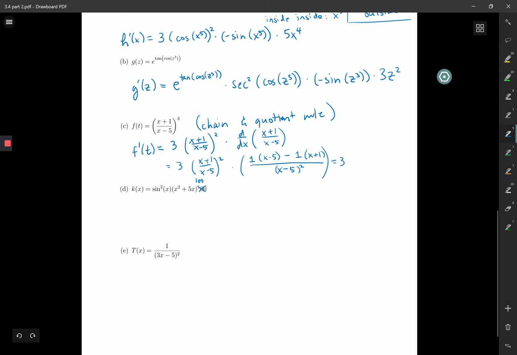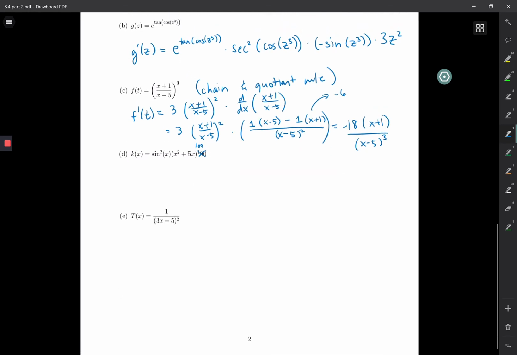We have a 3. This would simplify to, so the numerator would be x minus 5 minus x minus 1, so it'd be negative 6, right? And then I get 3 times negative 6, which is negative 18, times x plus 1 over x minus 5 cubed. Okay, so that would be your answer.